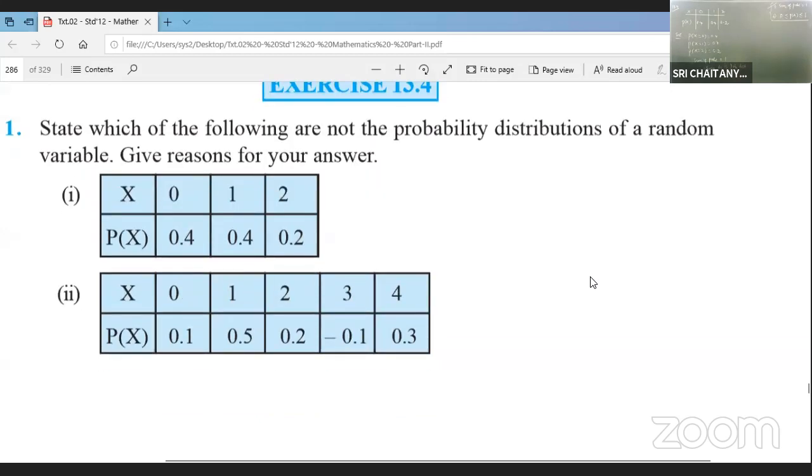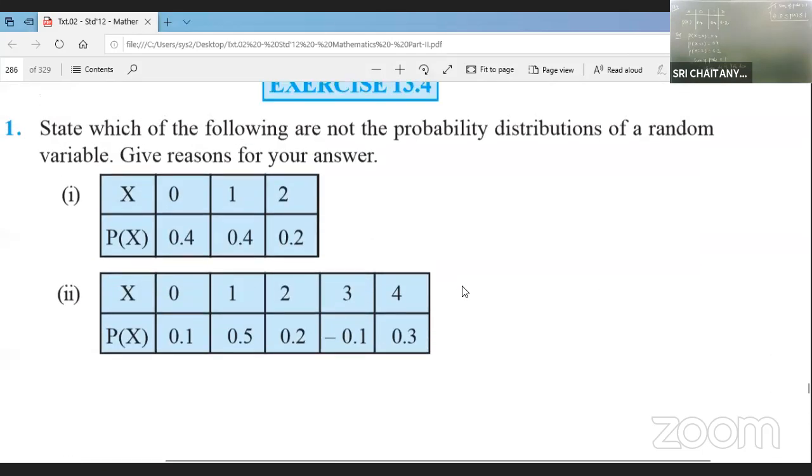Observe the second problem. X is 0, 1, 2, 3, 4. P of X is 0.1, 0.5, 0.2, minus 0.1, 0.3. Observe the explanation for the second problem. P of X equal to 3 is given as minus 0.1, which does not exist.